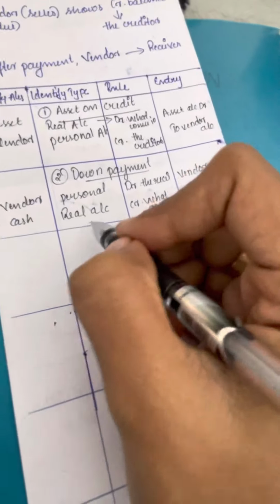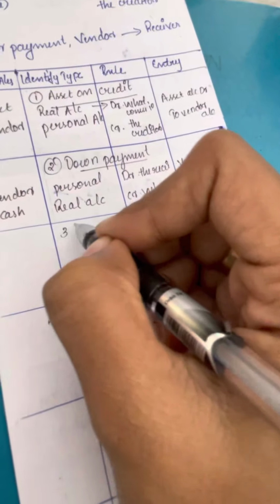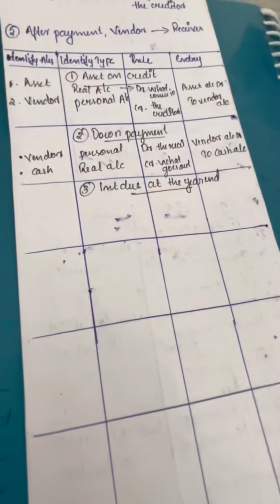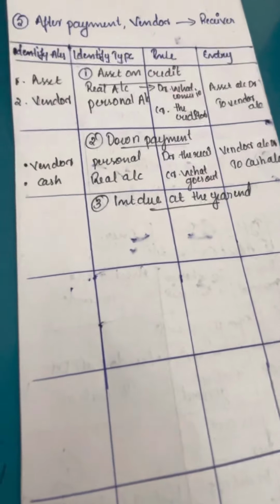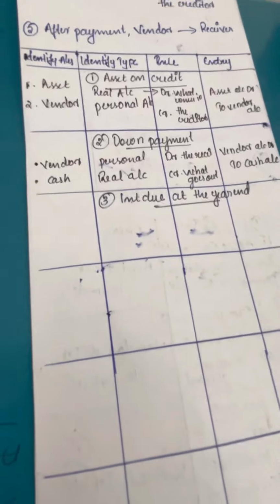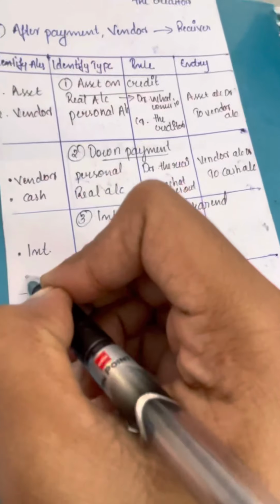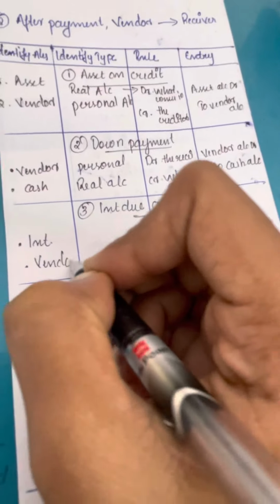And the third entry is interest due at the year end. At the year end, interest is due. There are 2 accounts here: the first one is interest and the second one is the vendor.